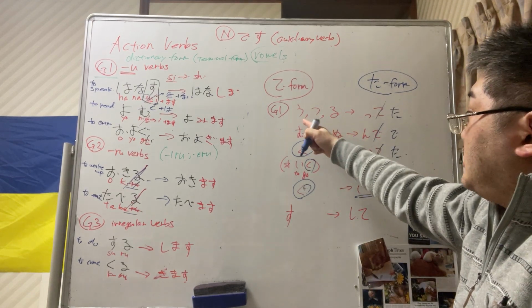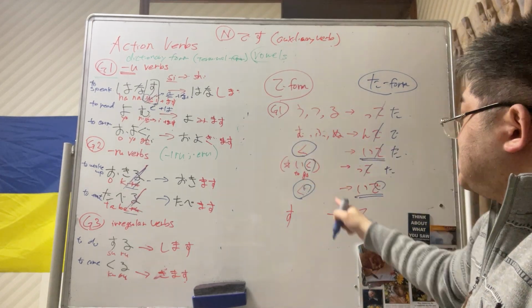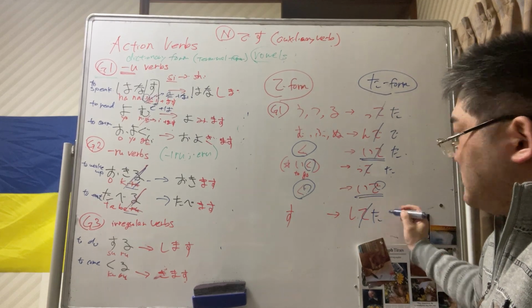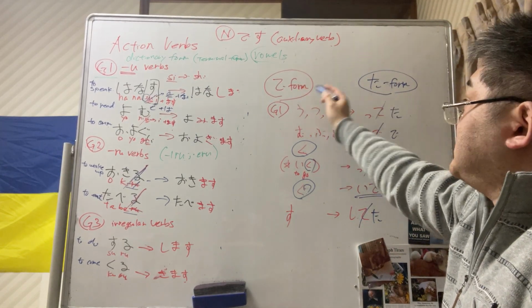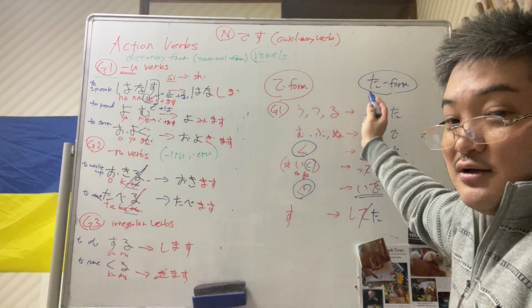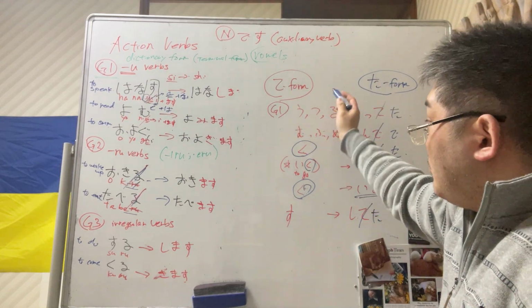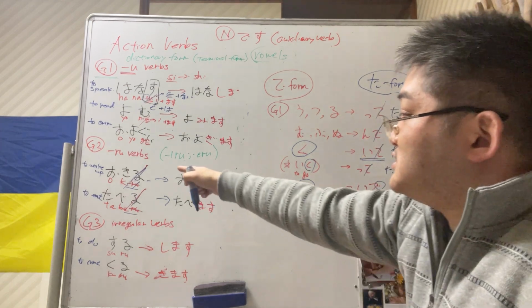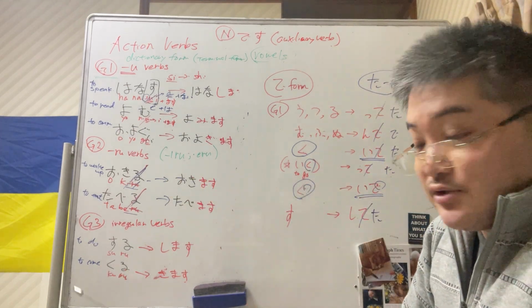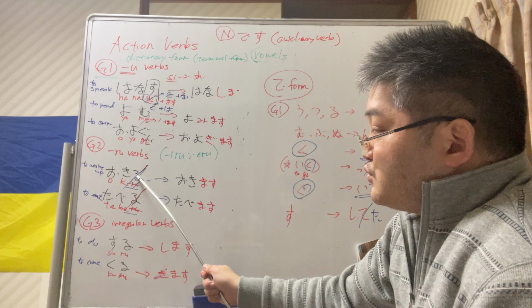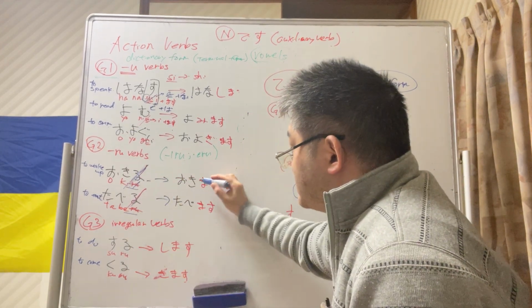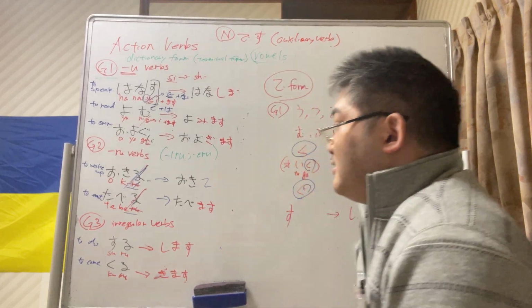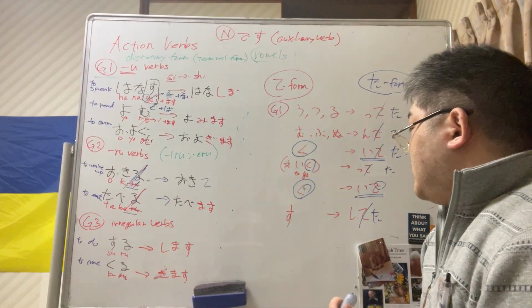So hanashita is I spoke, right? So te form is necessary to understand ta form. With group 2, it's very easy, because you only have to take ru out and then change this into te. That's otite, right?